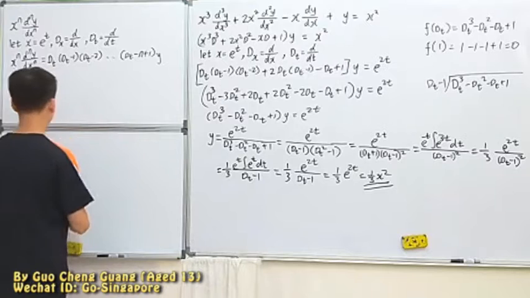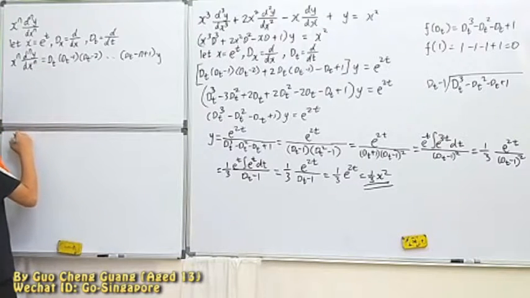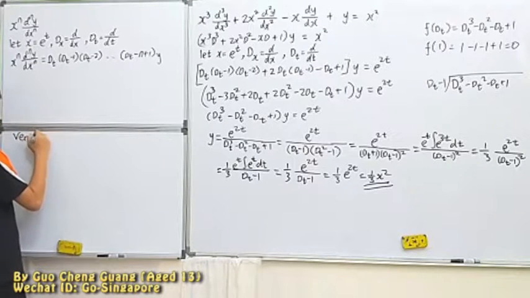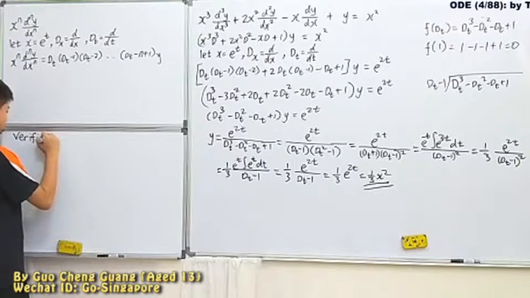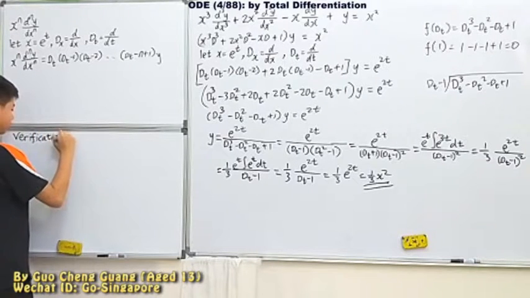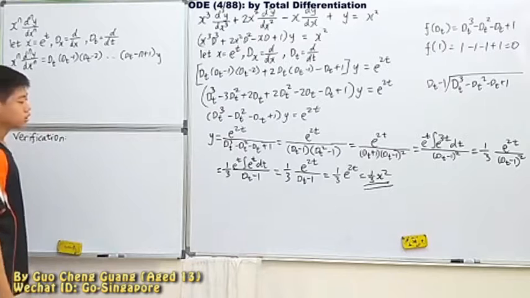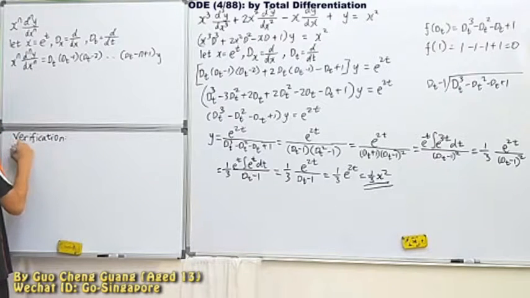So let me just verify this in case you don't think it's right. Like, how is it so simple? So here will be our verification. So first of all, you get y is equal to 1 over 3 x squared.